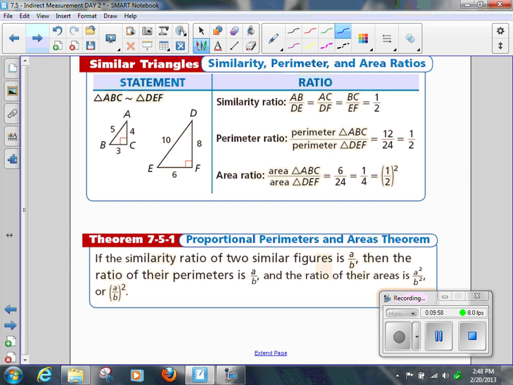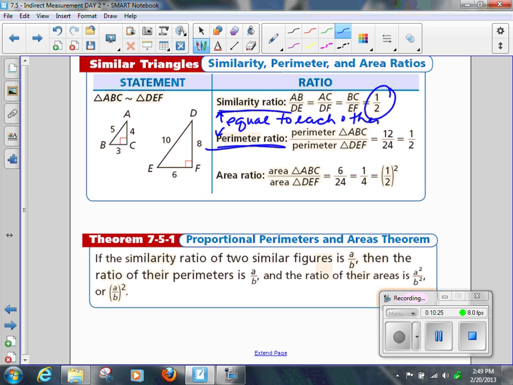Here's one. And this kind of goes to what we were going over. Notice that your similarity ratio, which is just a side over a side, is the same as the perimeter ratio. The similarity ratio and the perimeter ratio are equivalent to each other.